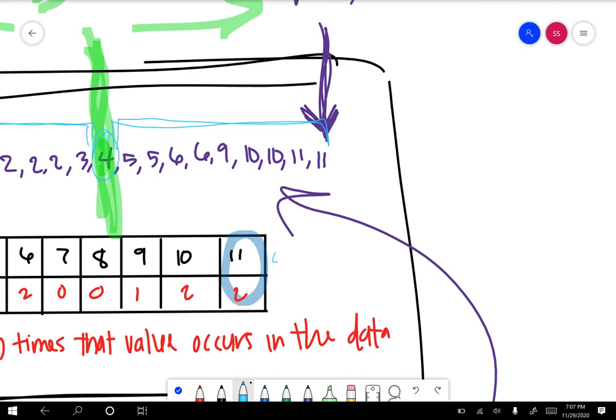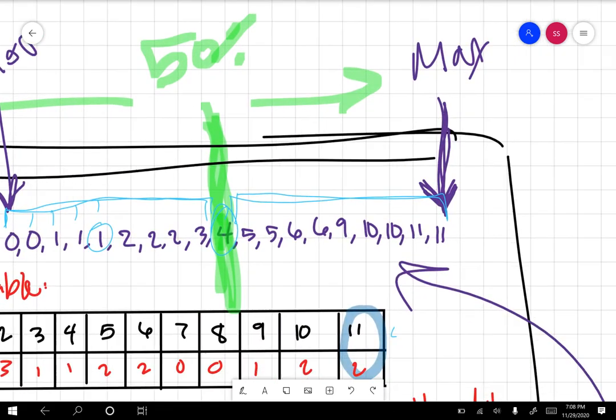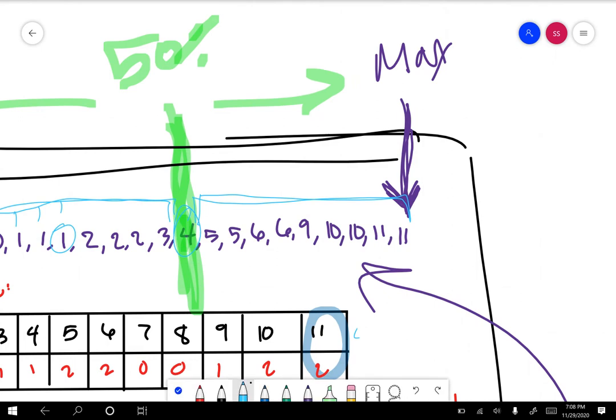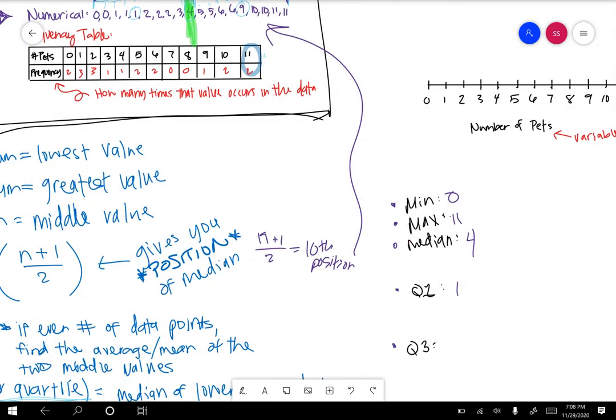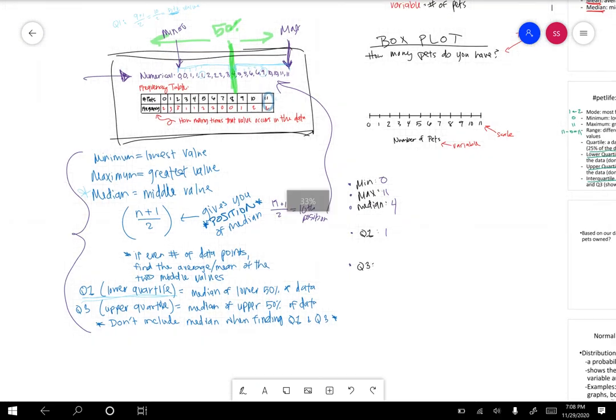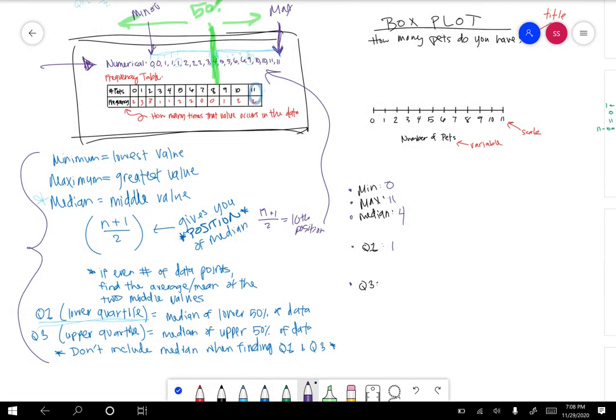It gives us the 5th value, just like Q1, so we find the 5th value of the upper half of the data: 1, 2, 3, 4, 5. So our Q3 would be 9. Let's zoom out and see everything. So our Q3 was 9.